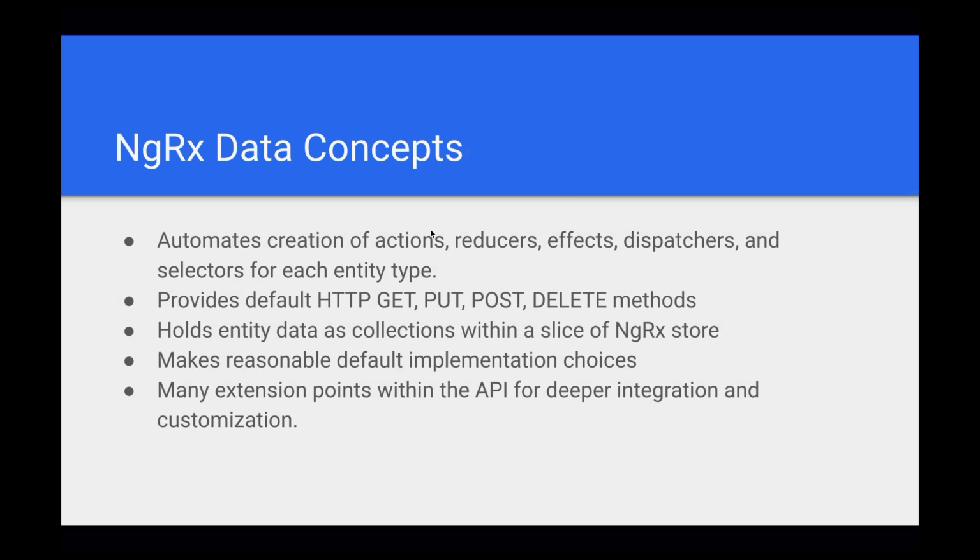He calculated it was about 500 lines of boilerplate for each entity. You're doing NGRX entities, so you've got your actions, you've got your state, you've got your types that are put into that state, and so it's a little crazy. NGRX Data automates that. It has the default REST methods that are hooked in there automatically for you.